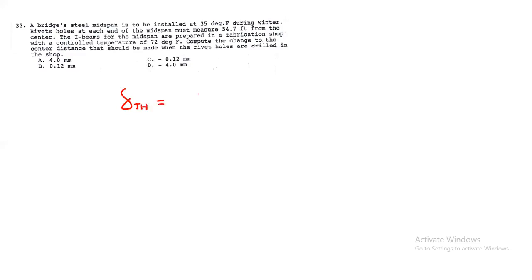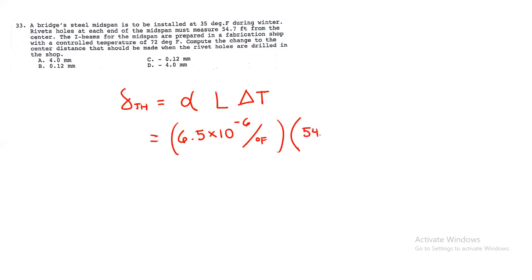So thermal deformation formula is thermal coefficient times length times change in temperature. So yung coefficient of thermal expansion natin is 6.5 times 10 raised to negative 6 per degree Fahrenheit times length. So ilan yung length natin dito guys? 54.7 feet. So i-convert natin into mm.